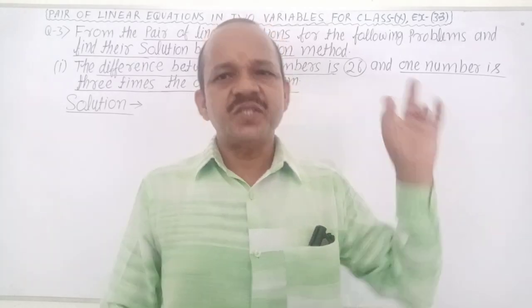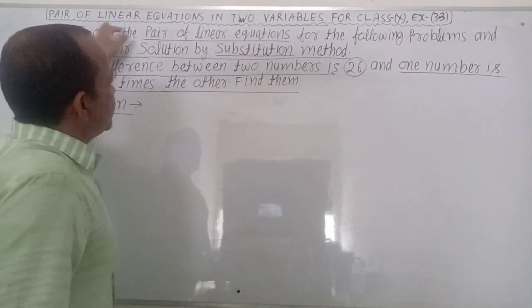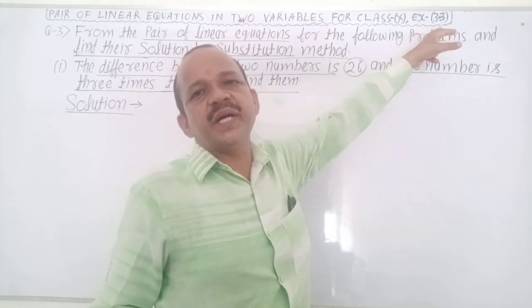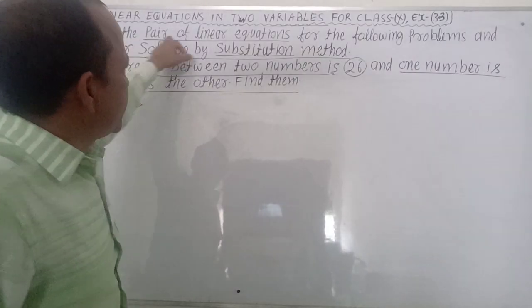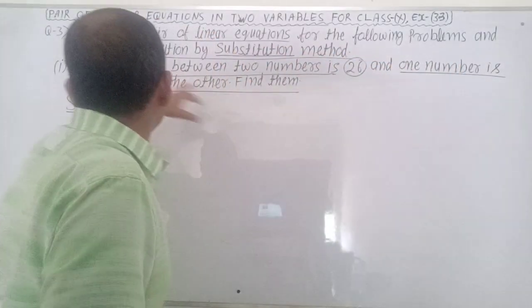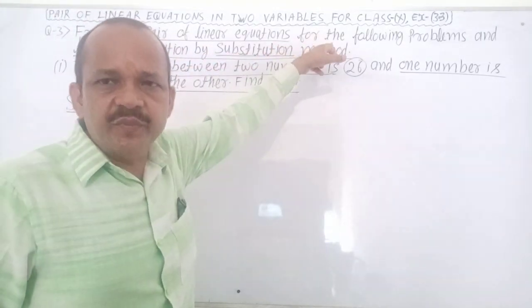See the pair of linear equations in two variables for class 10, exercise 3.3, question number 3. Form the pair of linear equations for the following problems and find their solution by substitution method.